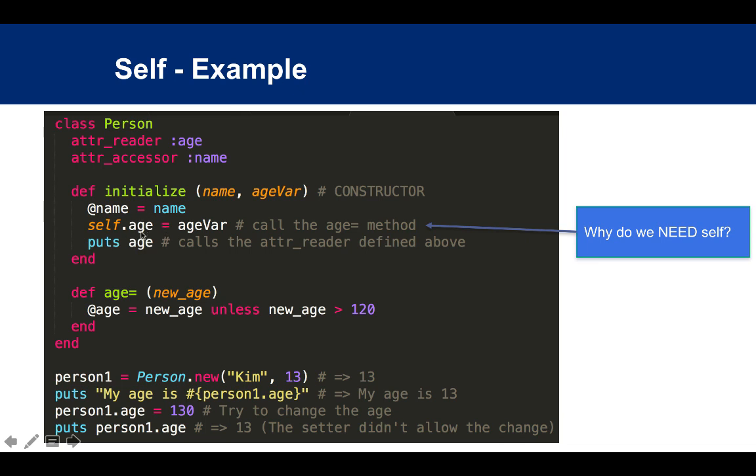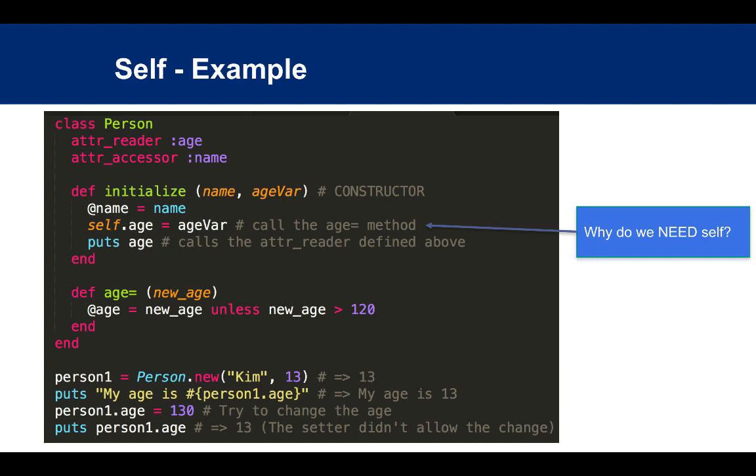Well, the reason is because you're inside a method, so if you just do age equals, it's going to think that we're just setting a local variable called age, and we assign a value of age var to that local variable. What would happen is when this initialize method is finished, the age local variable would just go out of scope and disappear. And our person would not have the age set.